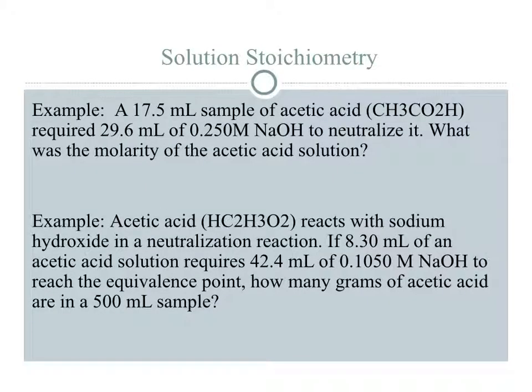Okay, let's do some examples. A 17.5 milliliter sample of acetic acid required 29.6 milliliters of 0.25 molar NaOH to neutralize it. What was the molarity of the acetic acid solution?